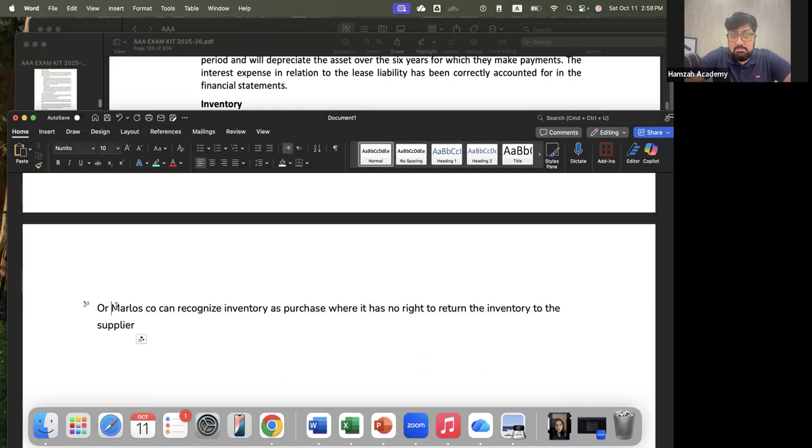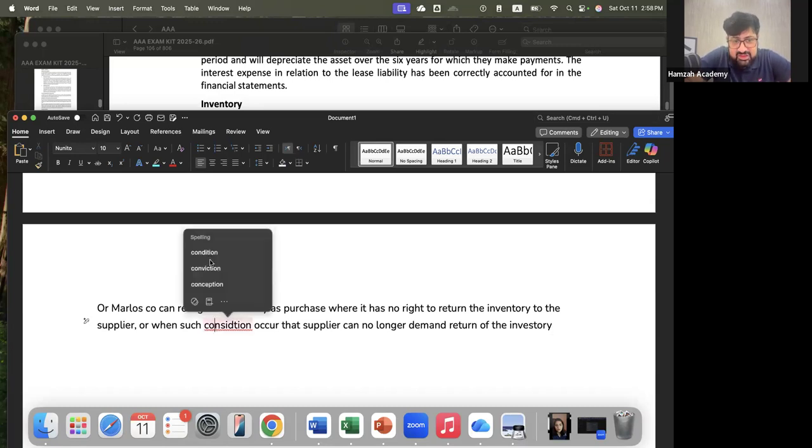Or Marlos can treat it as purchased when there is no right to return to the supplier, or when such conditions occur that the supplier can no longer demand return of the inventory.